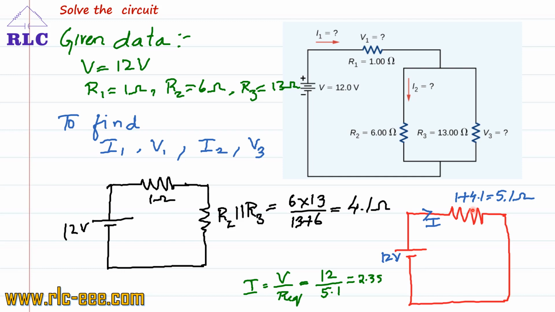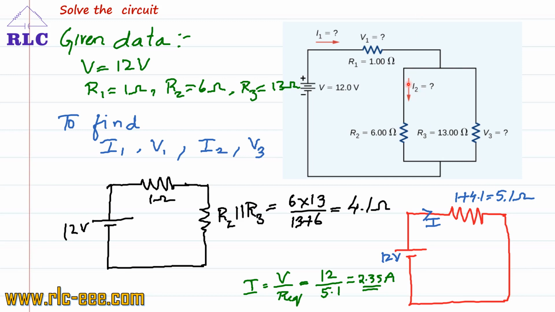You will get it as 2.35 amps. Correct? So you found the value of I1. After simplifying the circuit, you got the value I. And what is the total resistance? We got it as 5.1 ohm.